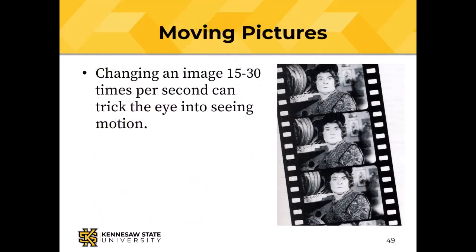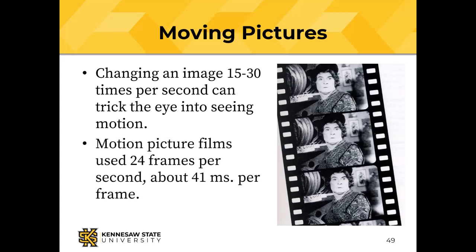Speaking of movies, how do we do moving pictures, video? If I can change an image 15 to 30 times a second, I can trick the eye into thinking that it's seeing motion. Back when motion pictures were on film, the films were displayed at 24 frames per second, and the image on the slide is a piece of motion picture film. That's about 41 milliseconds.